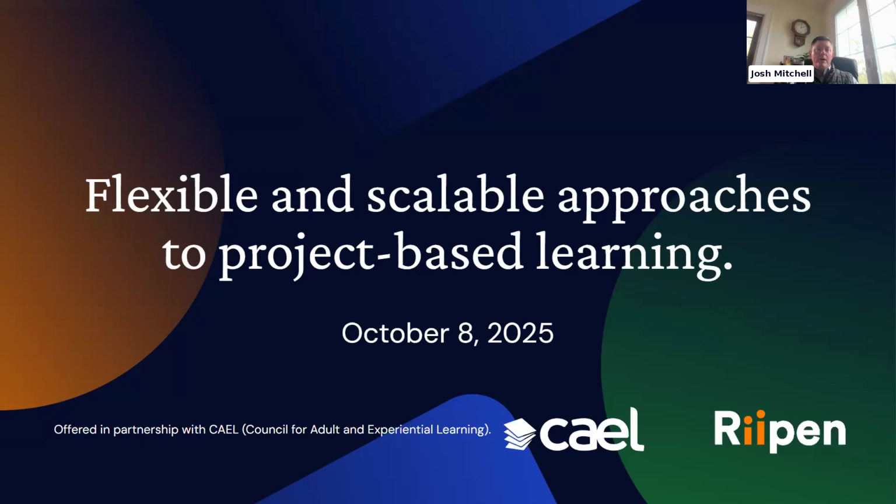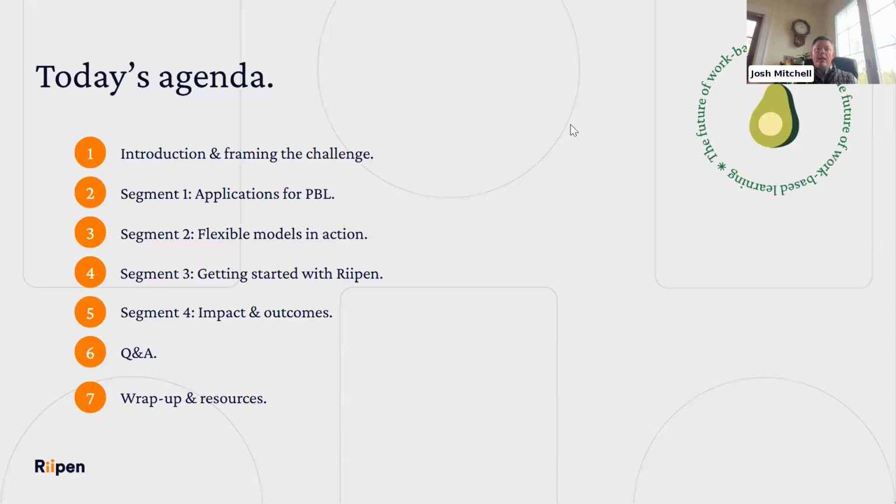So I'm going to go ahead and jump right in to cover our agenda and the different topical areas that we're going to cover, and then we will get right into our content. I'm going to introduce myself here in a moment, as well as my colleague Eleanor Buxton. But after introductions we're going to start with a high level of why we are here. What is the challenge that we are looking to solve?